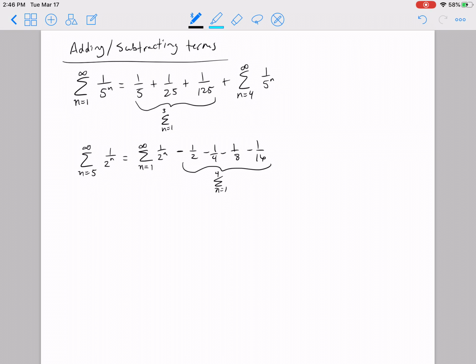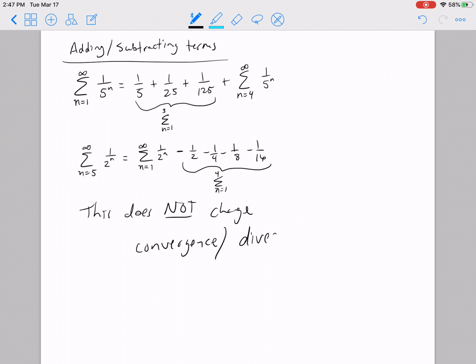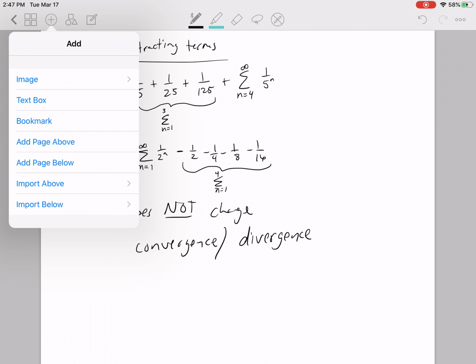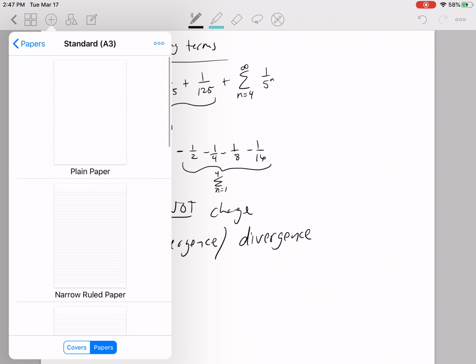What you need to pay attention to is that this does not change convergence or divergence. Removing terms is not going to make a big difference there. The last thing we can do is the reindexing.